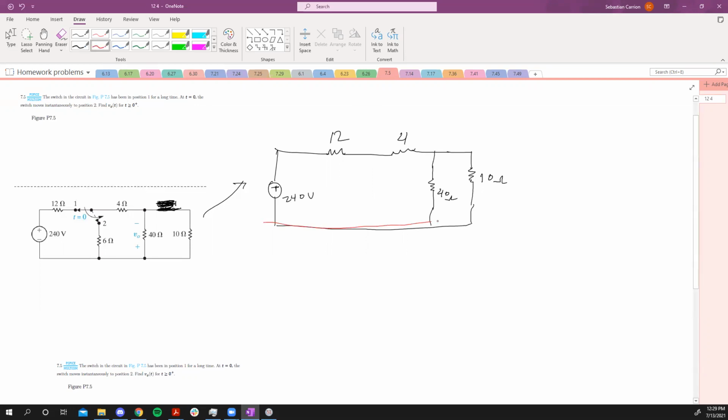So then we can just do your old universal method. V1, V2, KCL: IS, I1, I2, right?